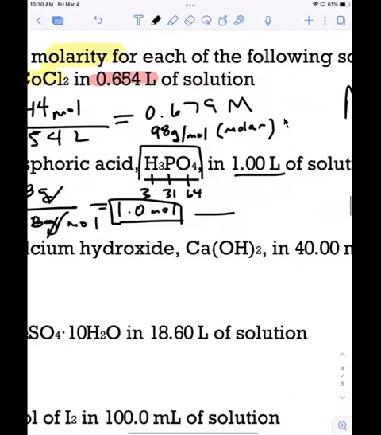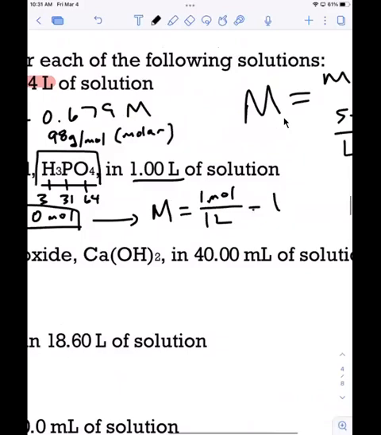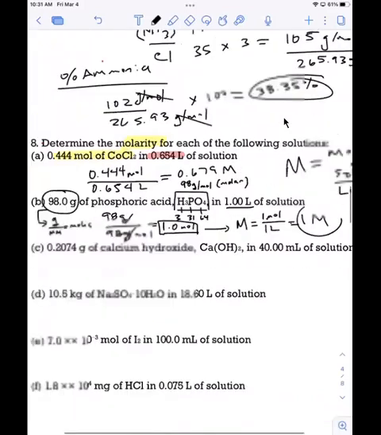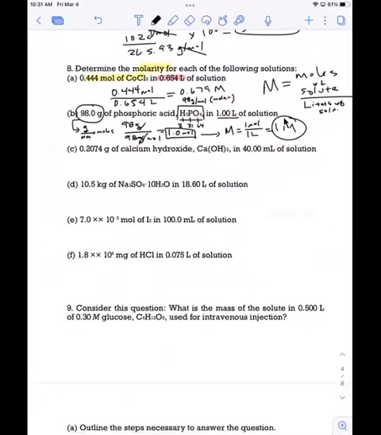So then now we can take that and put it in the equation. M equals 1 mole over 1 liter. So it's a 1 molar solution. All right. Now let's speed this up with the next one.